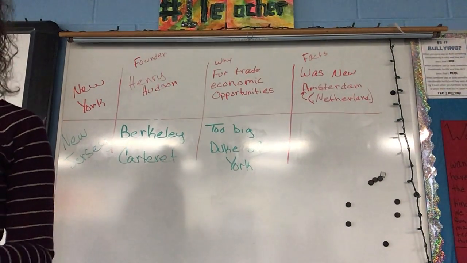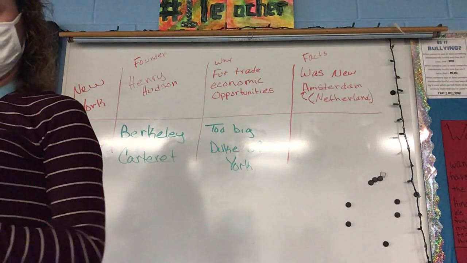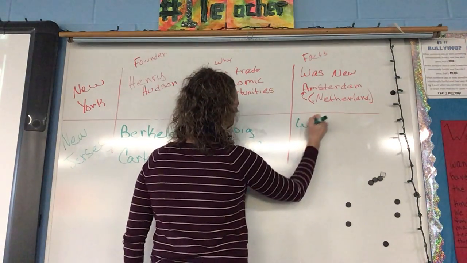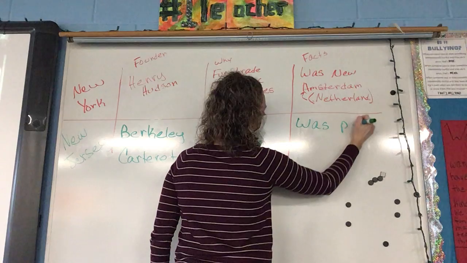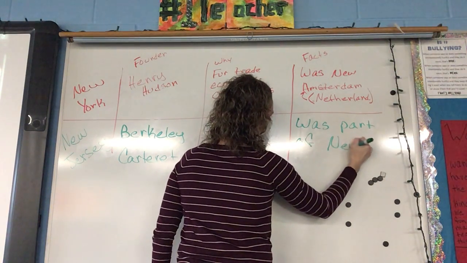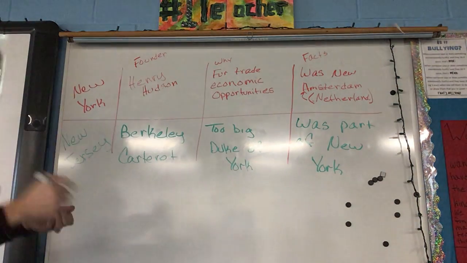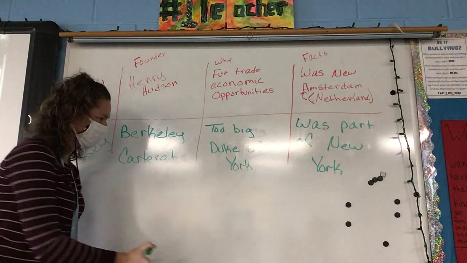Wait, the Duke of York. It's right here. And other facts, you might say it was part of New York, right? Was part of New York. That way you remember. Okay? So that's New Jersey.